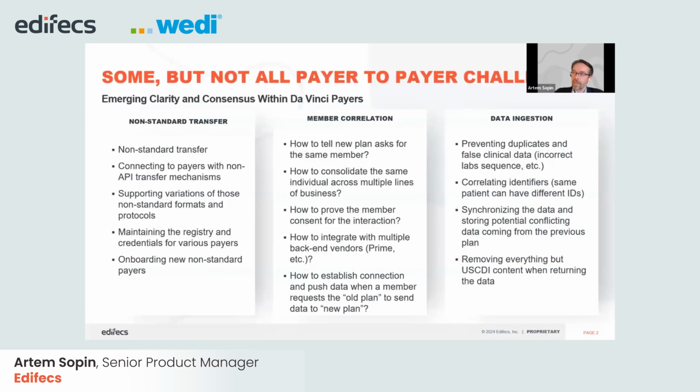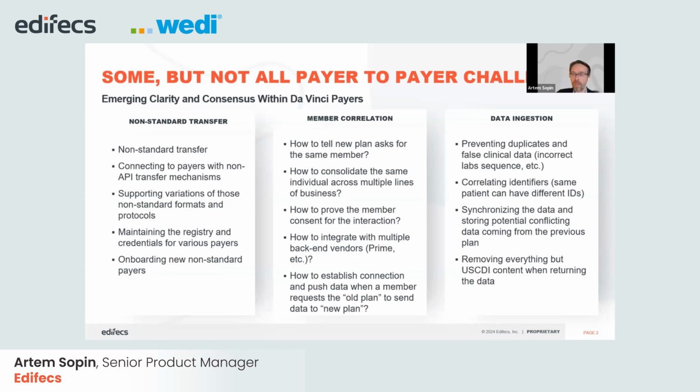So basically, first of all, there were challenges in terms of the data exchange between health plans. It's a non-standard transfer where payers must communicate somehow one to another and get access to the data. The second challenge is finding out who is the member. One of the critical pieces is how to identify whose data I'm looking for.